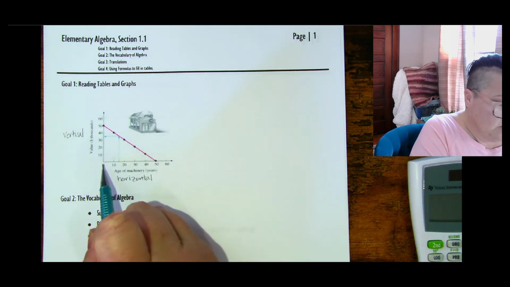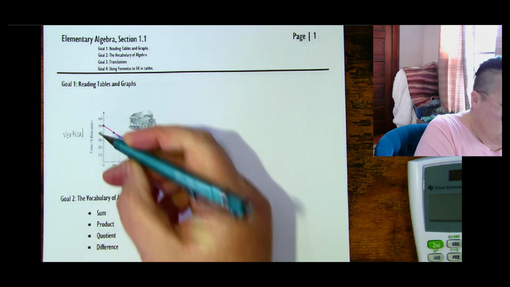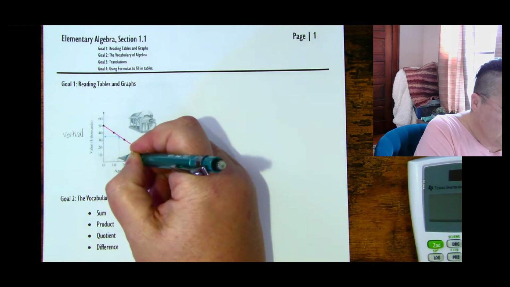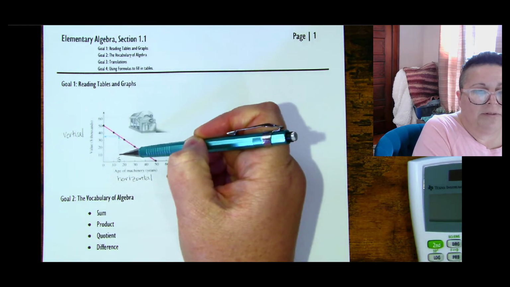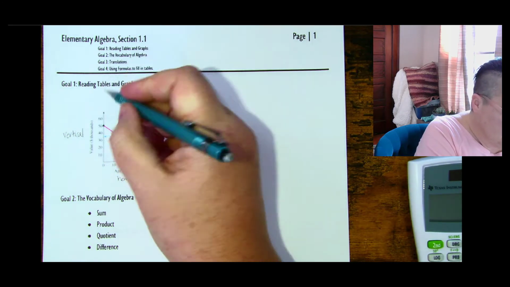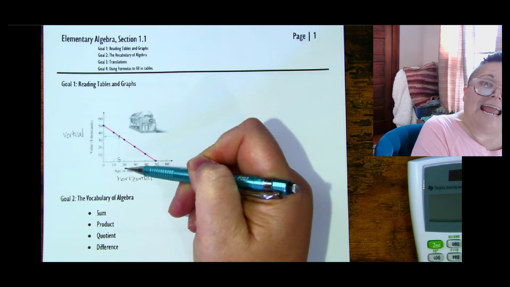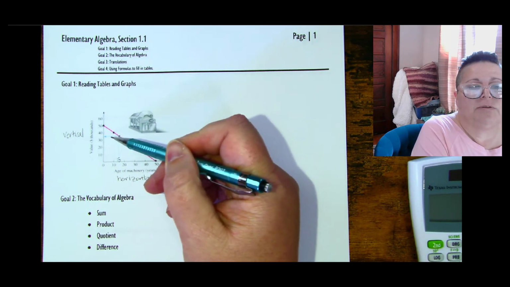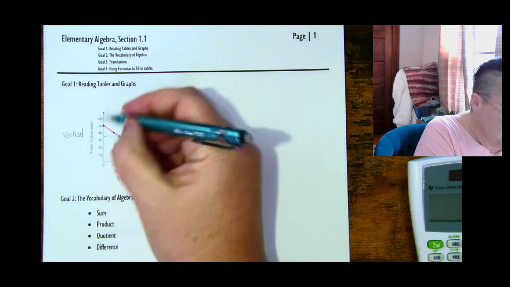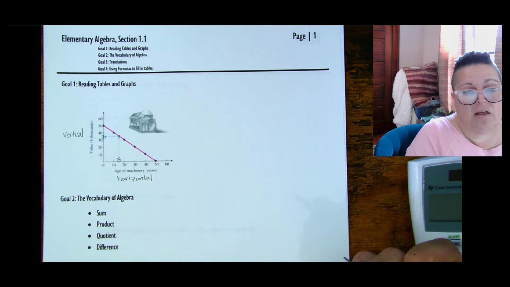If you follow along the horizontal axis to the number of approximately 15 years, you can then follow that blue line up to the point on the line associated with the age of 15. And you can follow the second blue line across to see that is approximately $35,000.